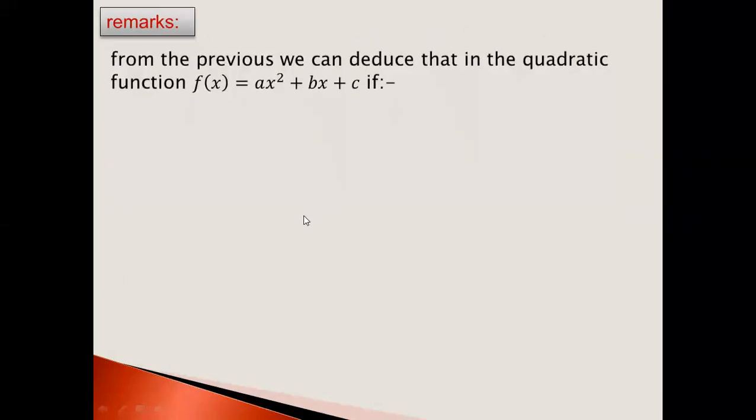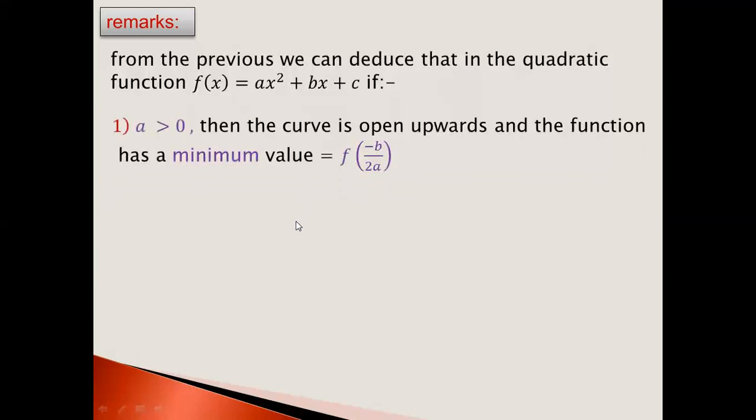Remarks. From the previous, we can deduce that for the quadratic function f of x equals ax power 2 plus bx plus c, if a is more than 0, or if the coefficient of x power 2 is positive, then the curve is open upwards, and the function has a minimum value equal to f of negative b over 2a.